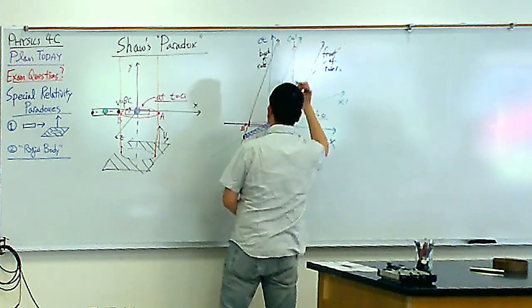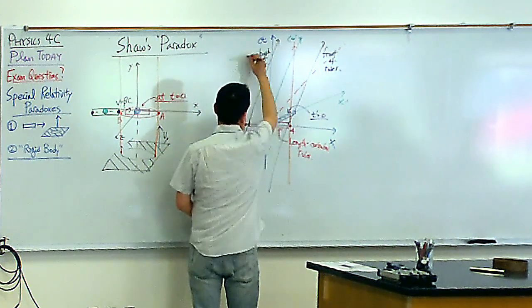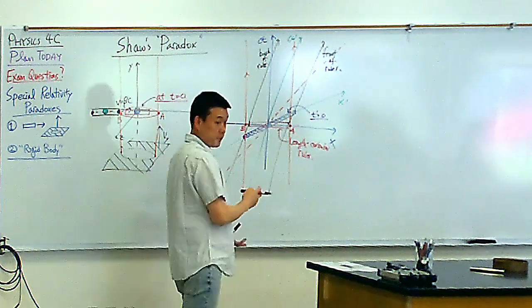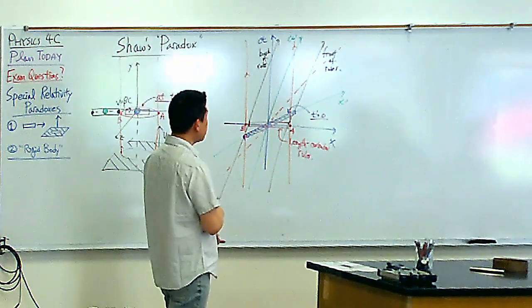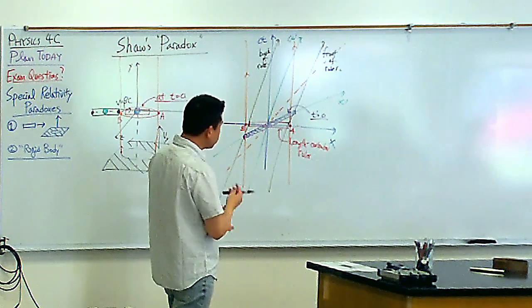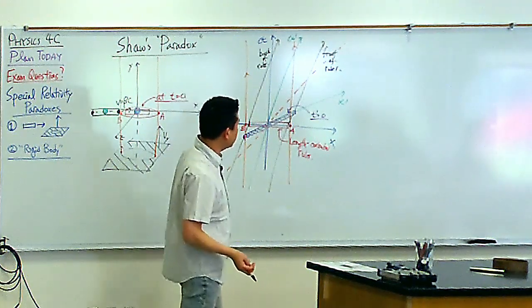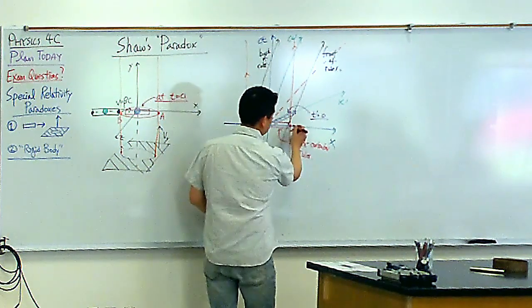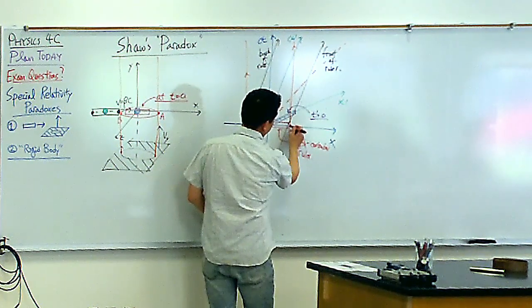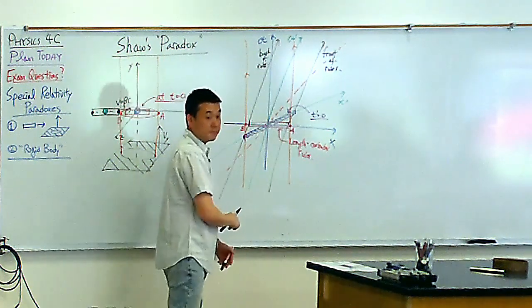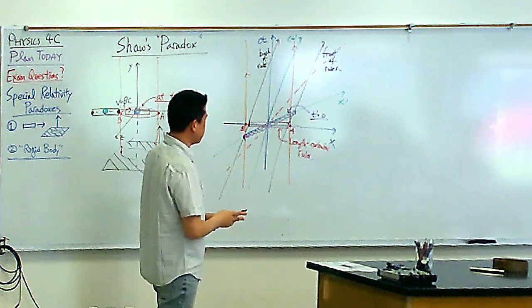Constant x value. Right? Yes? So if you insist on the snapshot t prime equals 0, then it'll look as though this point would have hit this, and this point would have hit this. Now, physically, that doesn't happen.